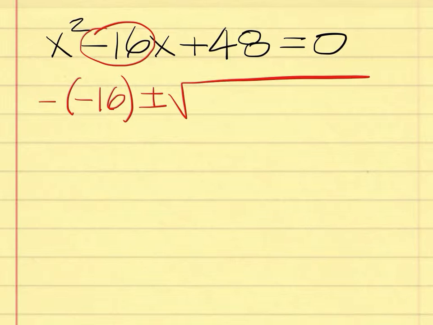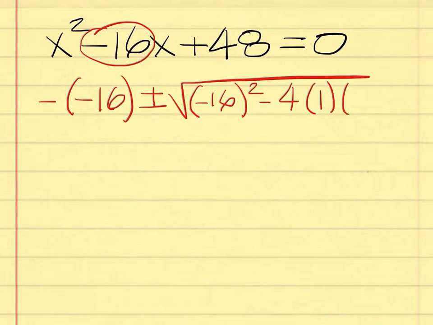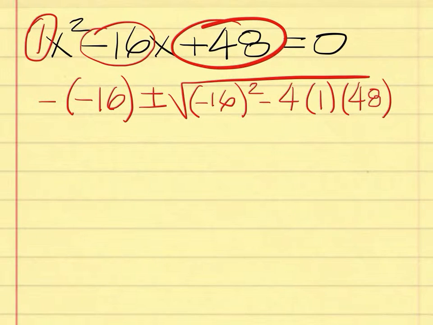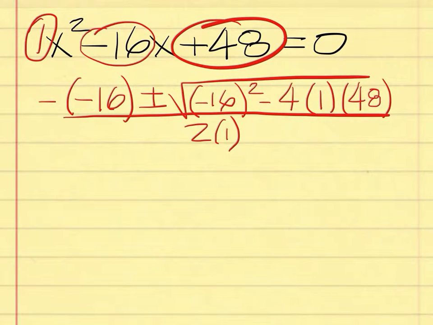Plus or minus the square root of the quantity squared of negative 16. And then minus 4 times 1 times c. This is a, and this is c. All of this is over 2 times a, which is 1. 2 times a. A is 1.